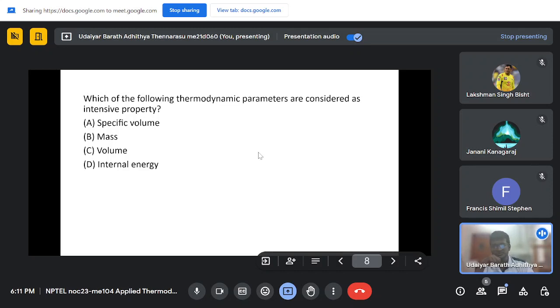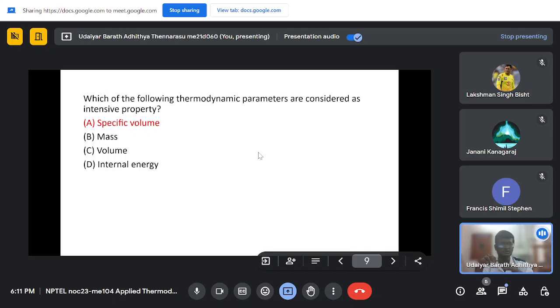So the answer for this is option A, specific volume. Specific in the sense it's divided by mass, say per kg of mass. So it's independent of mass. If you split a quantity into two, the mass of each part will be different, it will not be the same. But specific volume is like density.